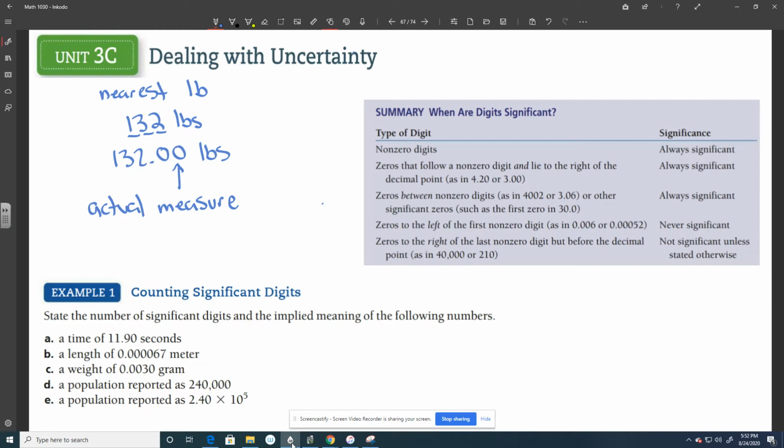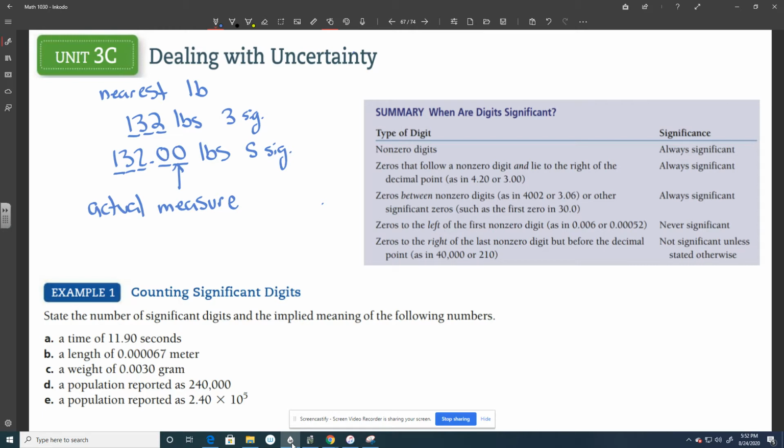So this 132 has 3 significant digits because you measured 3 values. If you were to write this number here, 132.00, what you're implying is that you actually measured 132.00 and then you rounded. So this number has 5 significant digits.